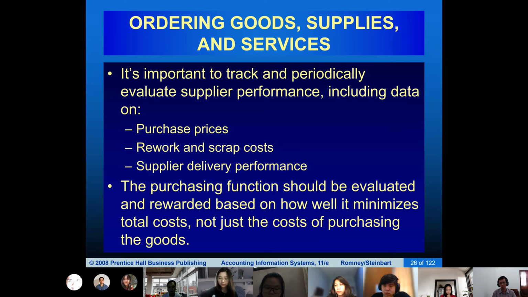Rework and scrap costs: how good the quality of the product they deliver is. Can we use that product immediately, or should we rework it, repair it, or if it's so bad, we just scrap it or discard it? And supplier delivery performance. If a supplier could not keep up with their promises, then they should get out from the catalog.